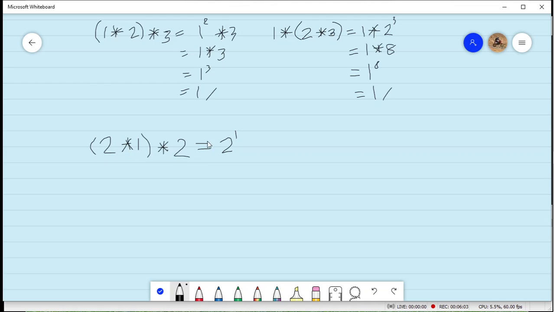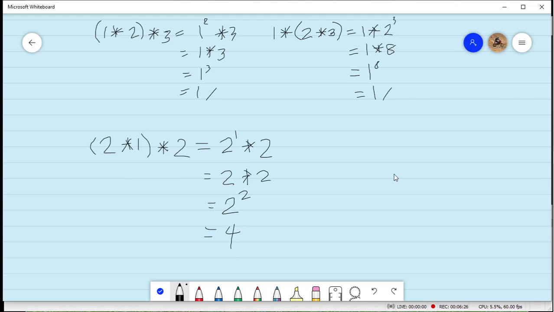2 operation 1 is 2 to the 1, operation 2. But 2 to the 1 is just 2. So 2 operation 2. But 2 operation 2 by definition is just 2 squared, which will give us 4.